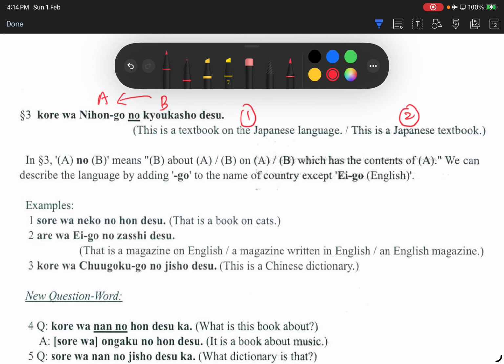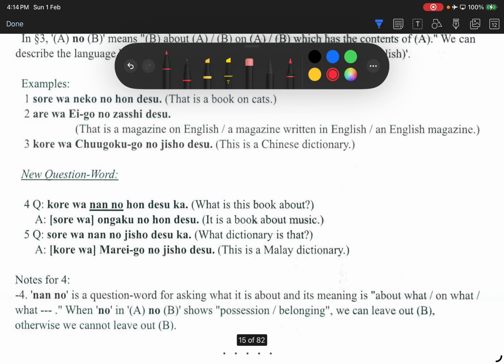There's a relationship. Okay, so the question word here will be 何の, right? So about what? Right? So what is our question here? So what is 何? これは何の本ですか? So 何の本ですか? 音楽の本です。 So a book on music.